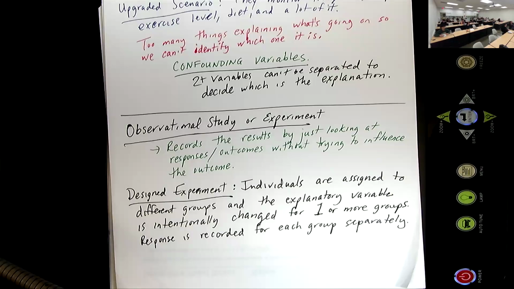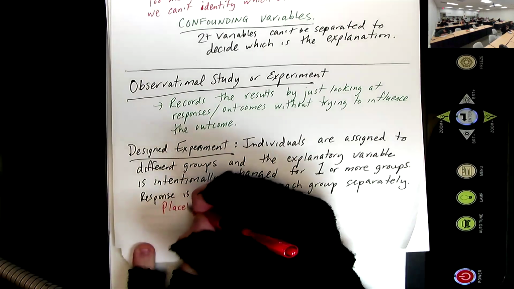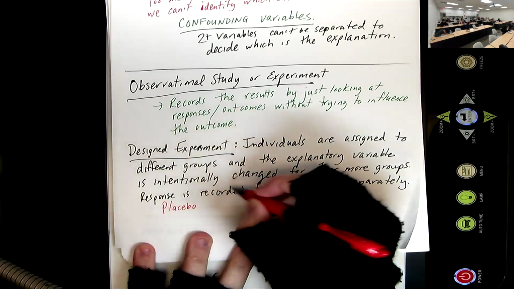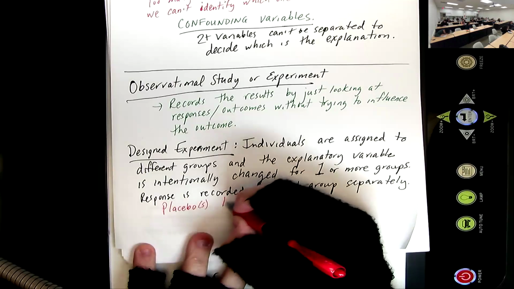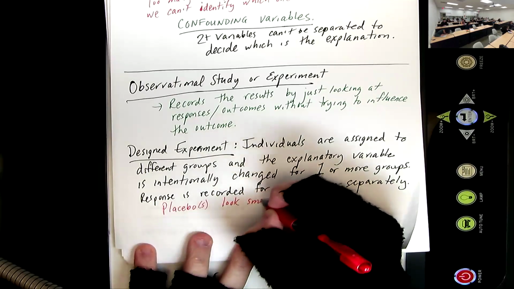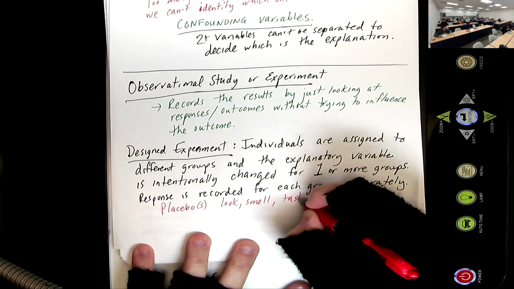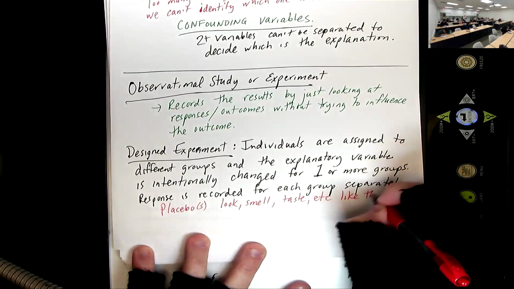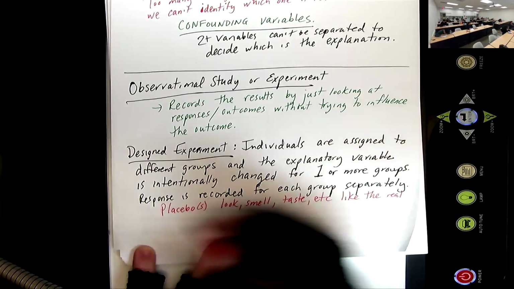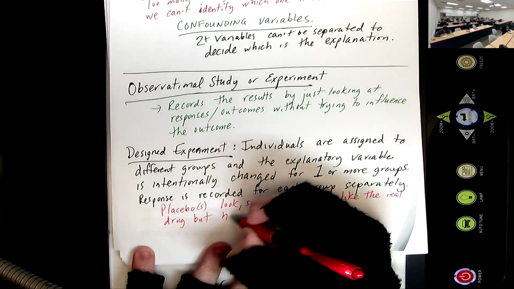So put that down before we go. Placebos. That's the singular, we add the S for plural. Placebos look, smell, taste, etc., like the real drug, but have no active ingredients.